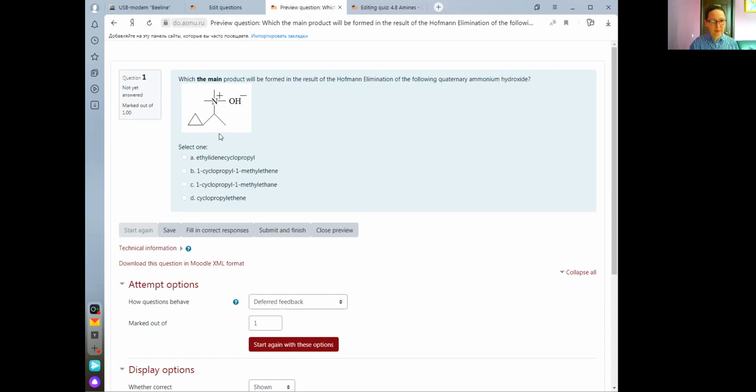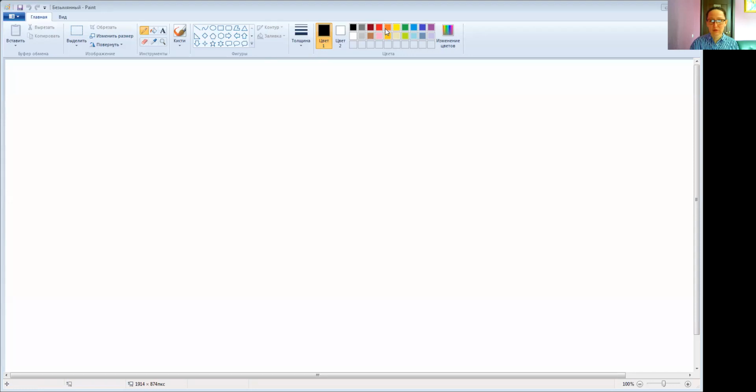For this compound, I must show you now with the use of paint. Let's draw it. It was a cycle like this, with nitrogen bearing trimethyl, positively charged, and OH negatively charged.